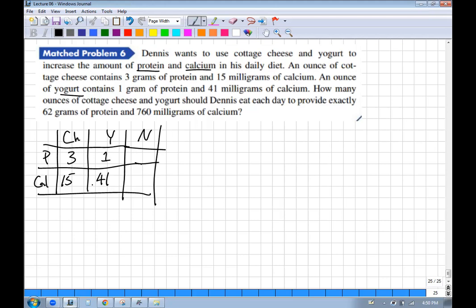milligrams of calcium. How many ounces of cottage cheese and yogurt should Denise eat to provide exactly 62 grams of protein and 760 milligrams of calcium? I'm going to define my X to be, read the question, ounces of cottage cheese, and then Y is ounces of yogurt.